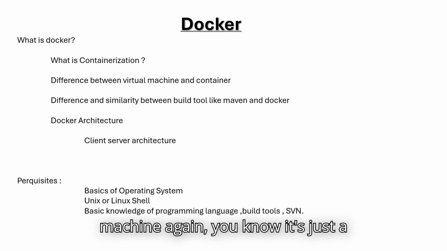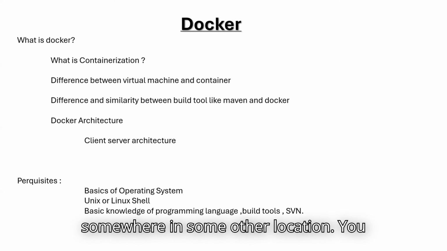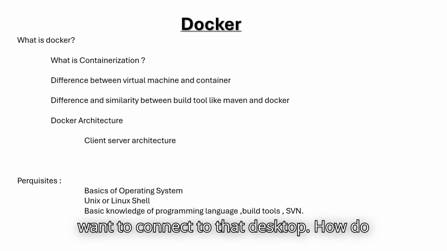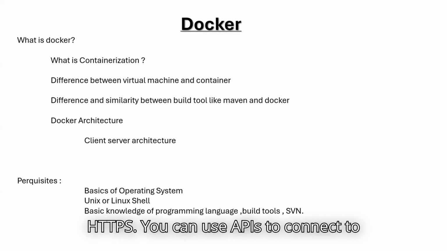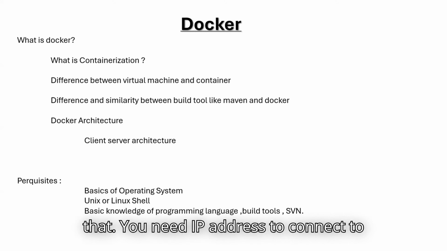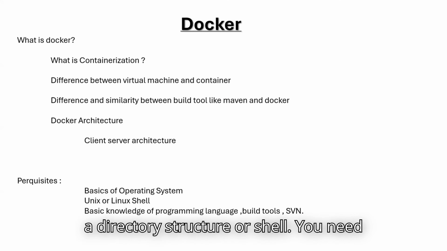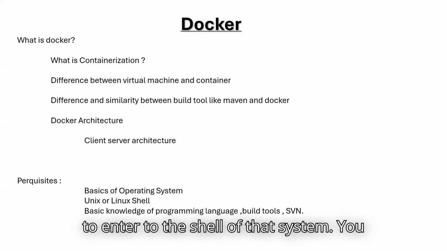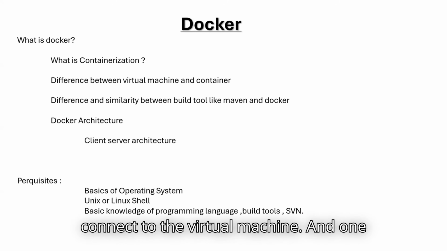A virtual machine is just a machine or remote desktop running somewhere in some other location. You want to connect to that desktop. How do you connect? HTTP, HTTPS protocols are there, you can use APIs to connect to it. You need an IP address to connect to that server or machine, and then you need a directory structure or shell. You need to enter the shell of that system. This is all you do to connect to the virtual machine.